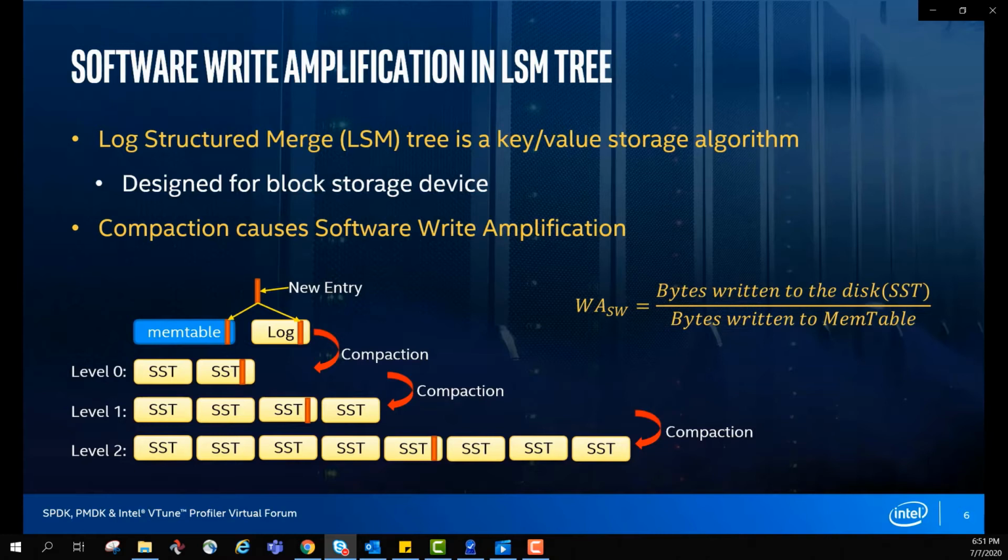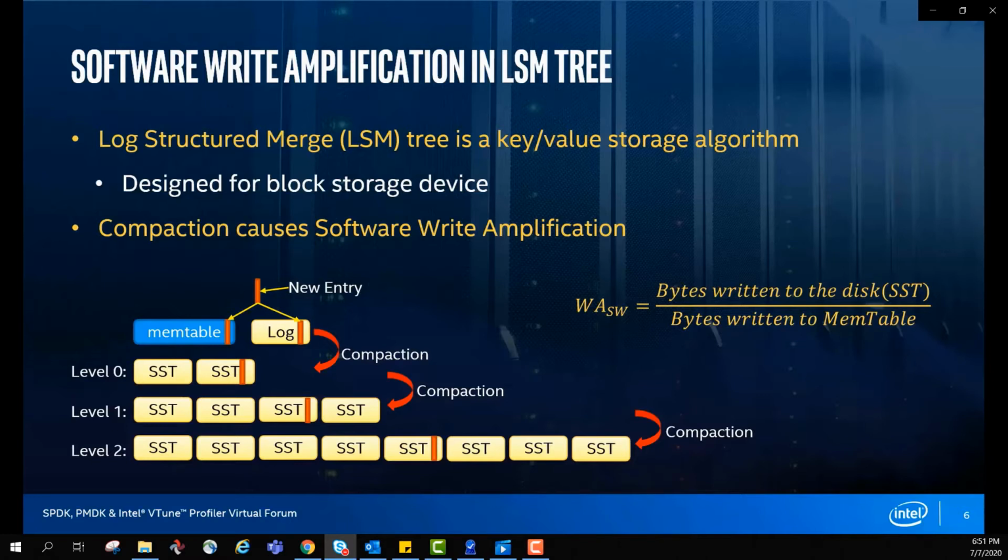And to understand the software write amplification, I will just briefly describe the algorithm itself. So usually LSM tree consists of two major parts. The first part is a mem table. It's stored on DRAM, and it works as a hot cache.